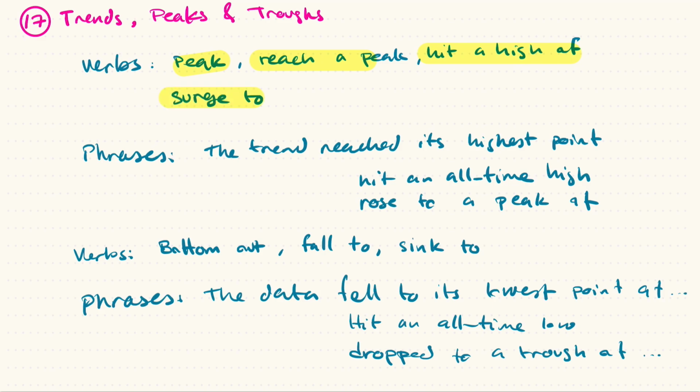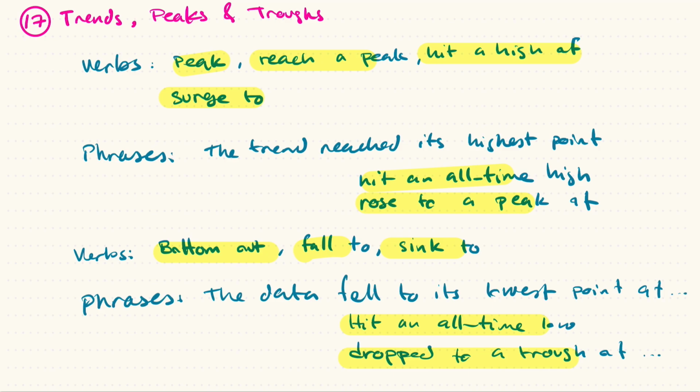In terms of the phrases: hit an all-time high, rose to a peak of the value, hit an all-time low, or drop to a trough. And the verbs that are easy to practice: the value bottoms out, or falls to whatever that is, or sinks to the value shown in the graph.